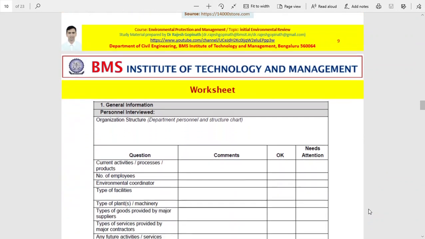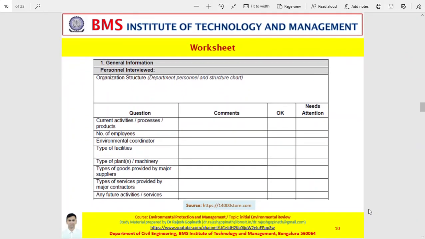In slide 10, the first part is the general information, wherein you need to list out all the personnel who have been interviewed with respect to initial environmental review. Then the organizational structure has to be acquired and represented. That is, what is the hierarchy of this organization? What are the various levels?